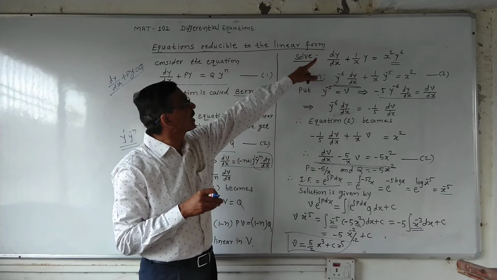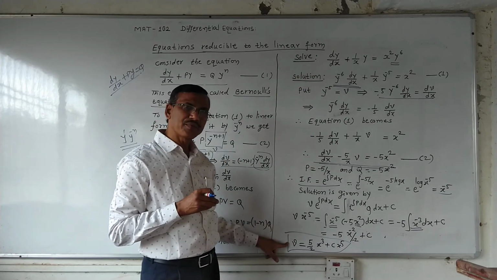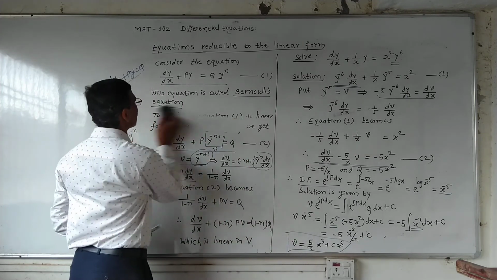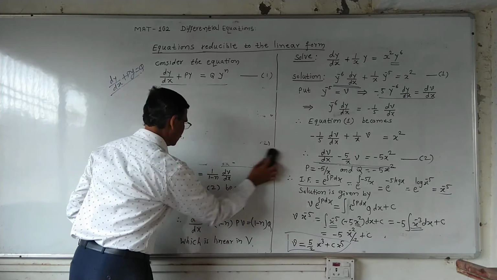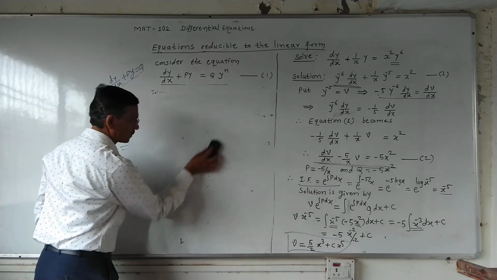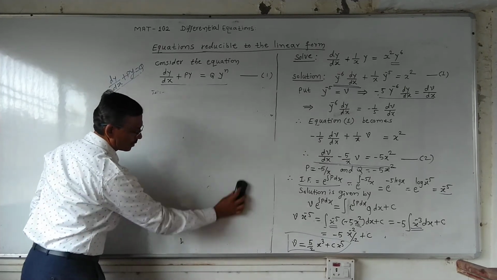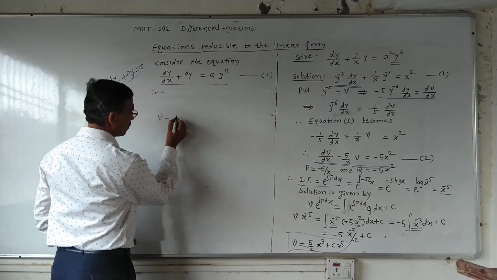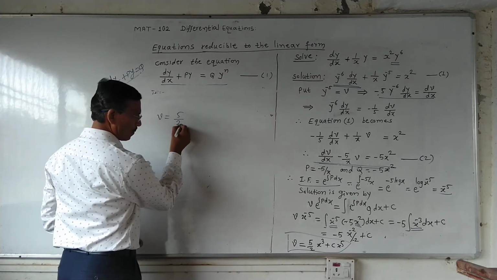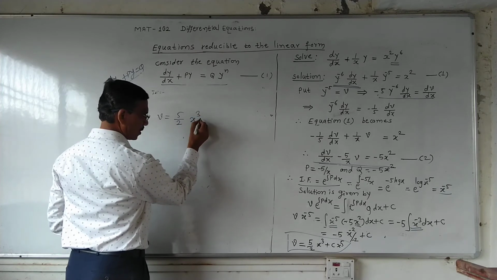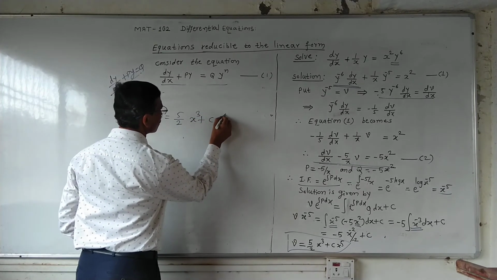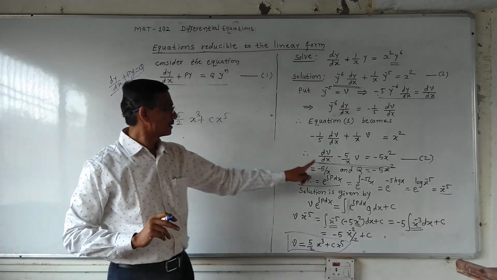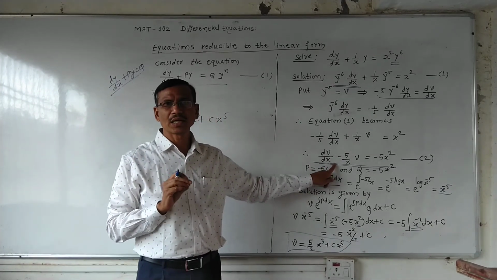But our original equation is in y, not in v. Here you have to substitute the value of v. What we get is v is equal to 5 by 2 x cube plus c x raised to 5. Now this is the solution of this linear differential equation.